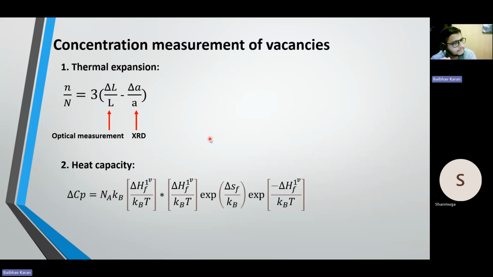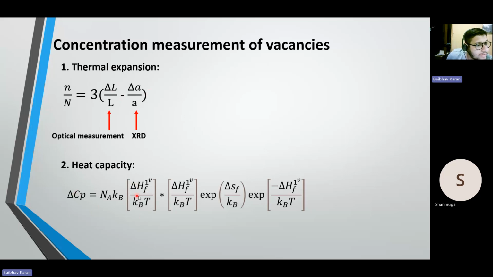Then another point is the heat capacity, which is given by the following equation. The solving of this equation has been done by Professor Shashank, and we can go through the lectures to see how these solutions were derived. It shows that heat capacity depends on the fraction of vacancies.